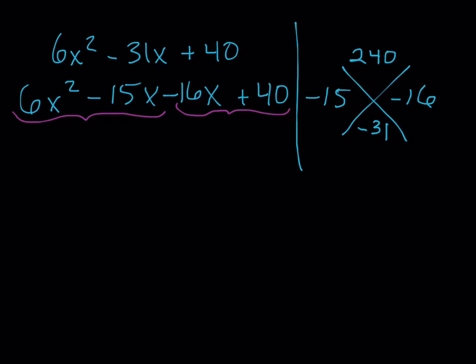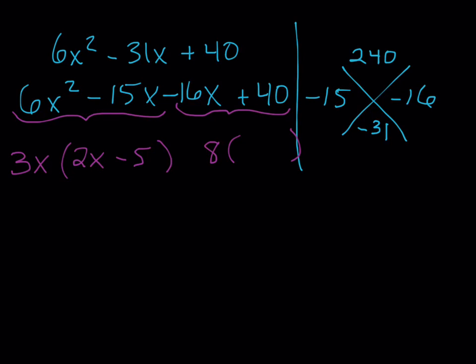All right, so there's no greatest common factor for all four of these terms, but if I just look at them in pairs, then I see that out of 6x squared minus 15x, I can factor out a 3 and also an x. And then what's left is 2x minus 5. And then I repeat that for negative 16x plus 40. So I can see I can take out an 8, and I can't take out any variables, just an 8.